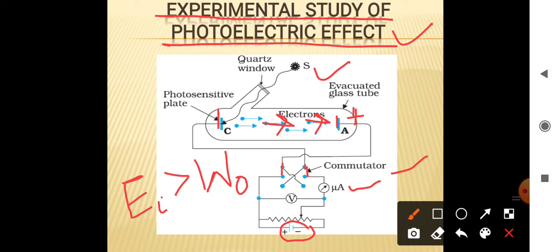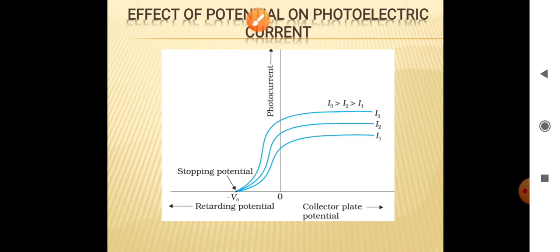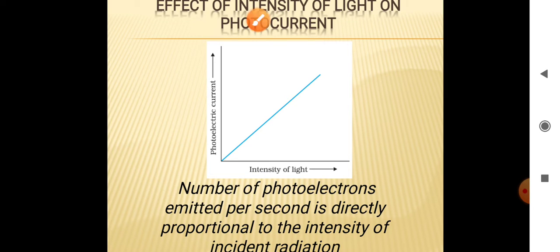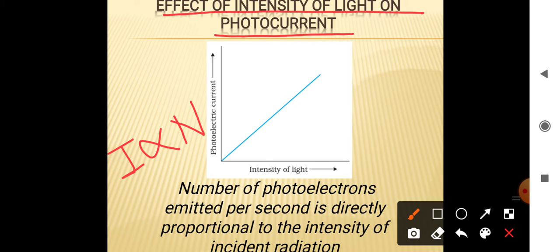Okay, so let's start with the first factor, the effect of intensity. Now, what does intensity mean? Intensity means the number of photons emitted from the source. Greater the intensity, the greater the number of photons emitted from the source.